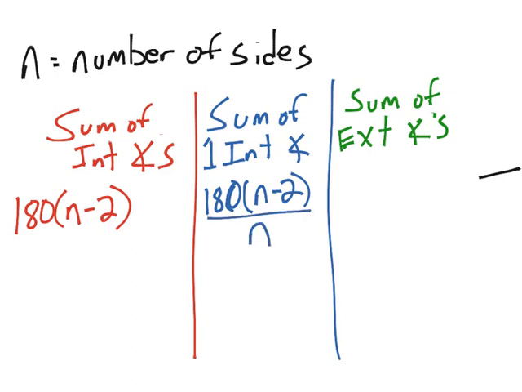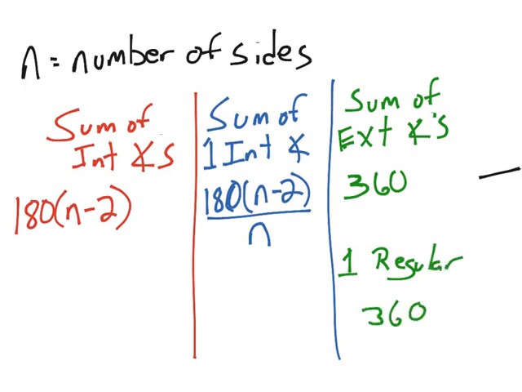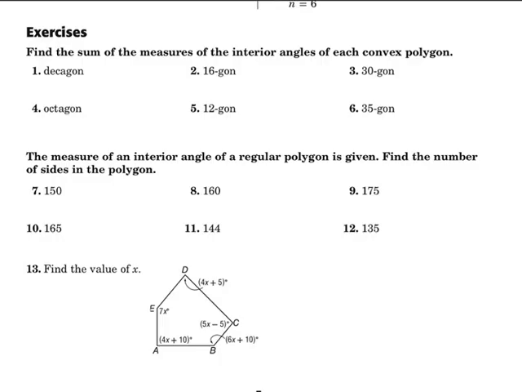The sum of all the exterior angles is simply 360, no matter what the shape is. And then the measure of one exterior angle of a regular polygon is going to be 360 divided by n. Now with those formulas, let's go on to our practice problems.